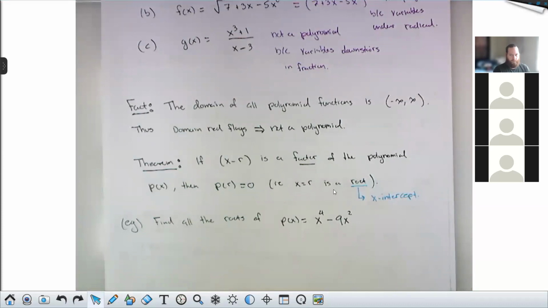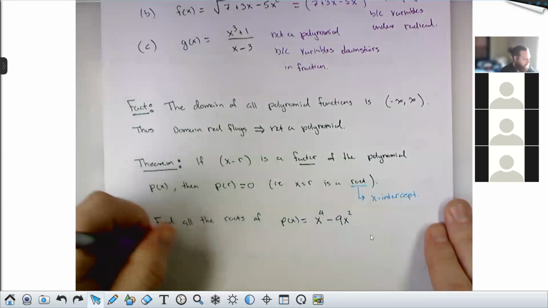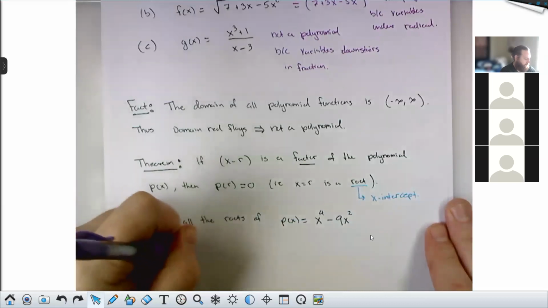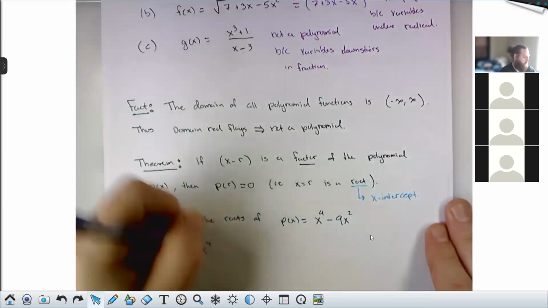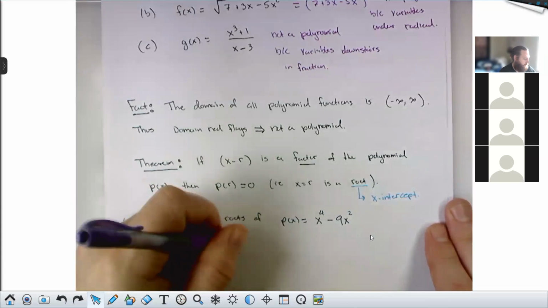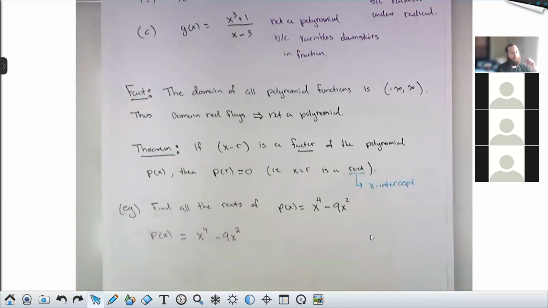So our theorem tells us roots come from factors. If I want to find the roots, I should try to find the factors of this polynomial. So p of x is x to the 4 minus 9x squared. Does anybody see anything I can do to factor this polynomial? Think back about your factoring tricks.